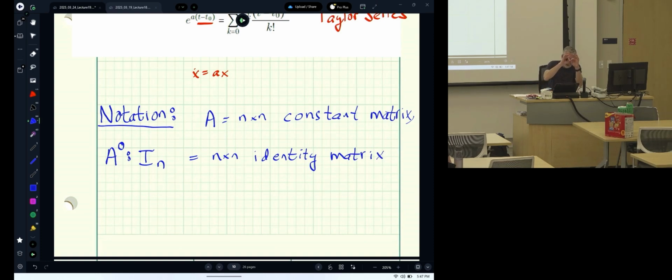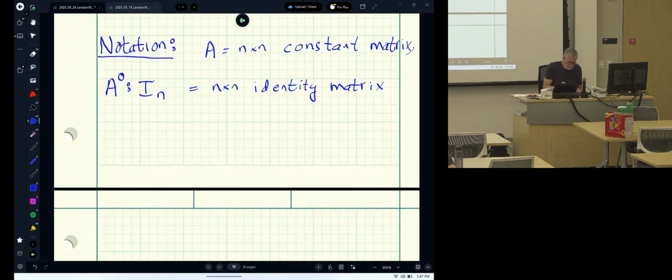Okay, so in my Taylor series for e to the ax, I did have an a to the 0, and that was 1. That is the 1 by 1 identity matrix. Okay? And so with this, I can make the following definition. I use the Taylor series to define what the exponential of a matrix is.